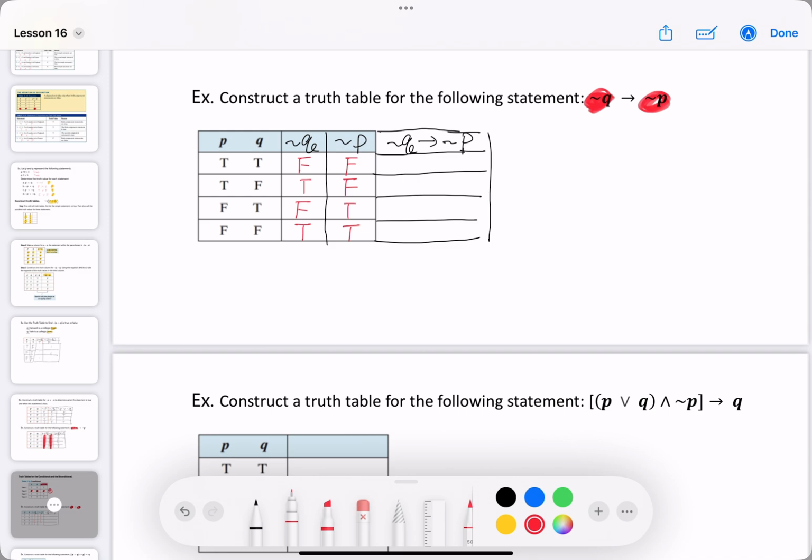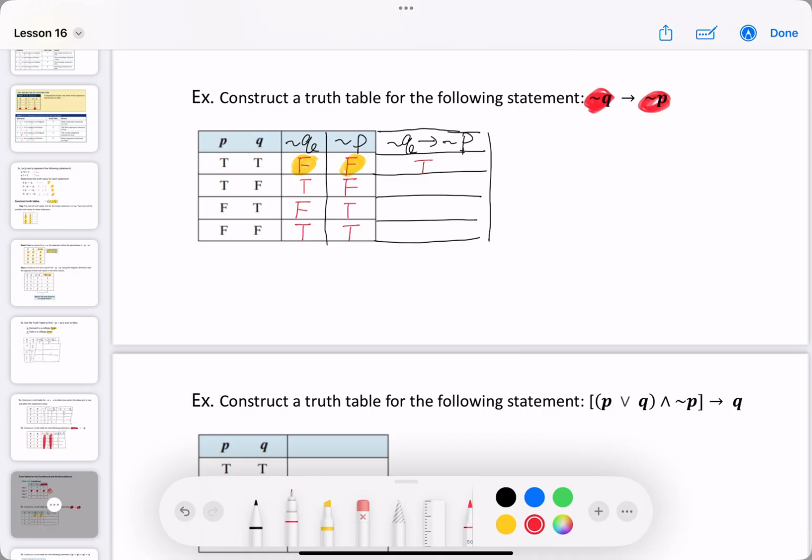Okay, let me double confirm. All right. And for the first statement, if it is not Q, then it is not P. So we are having false, false, then the statement is true.